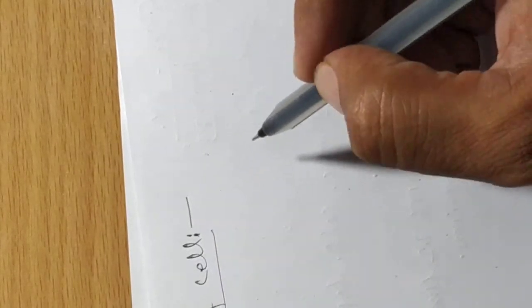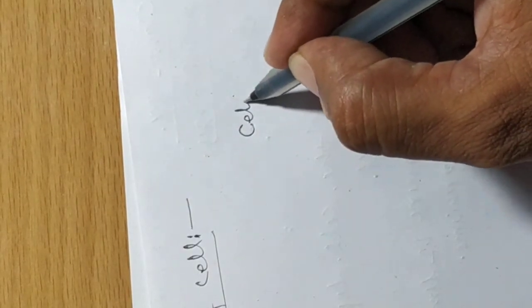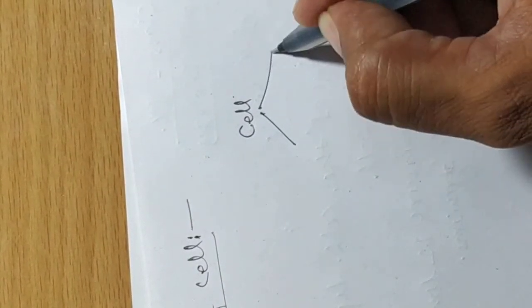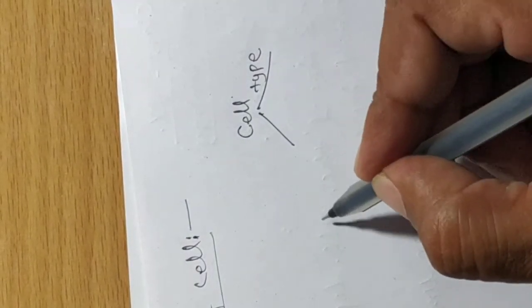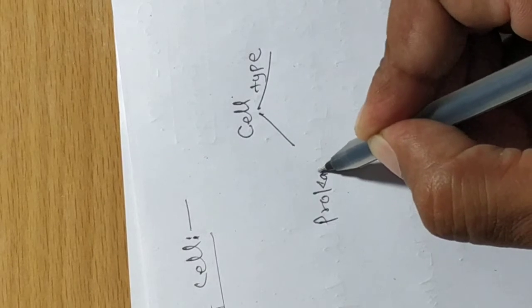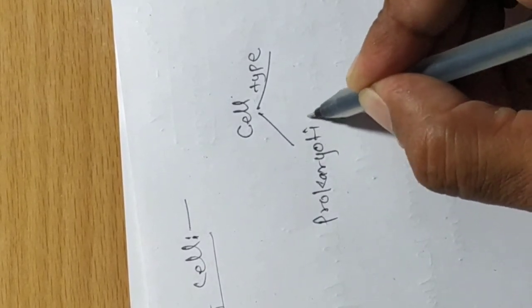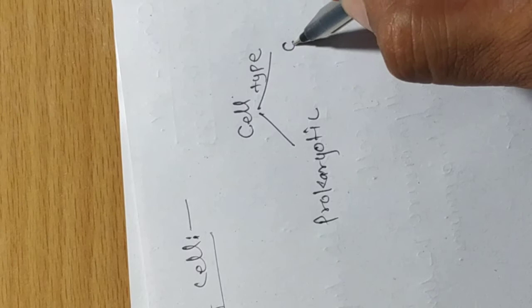According to the presence of nuclear membrane, the cell is of two types. One is prokaryotic and the other is eukaryotic.